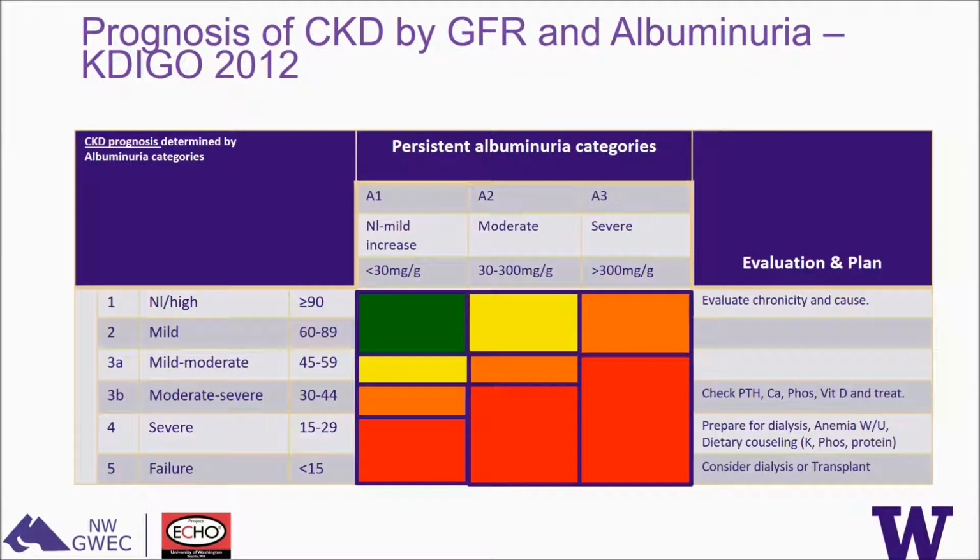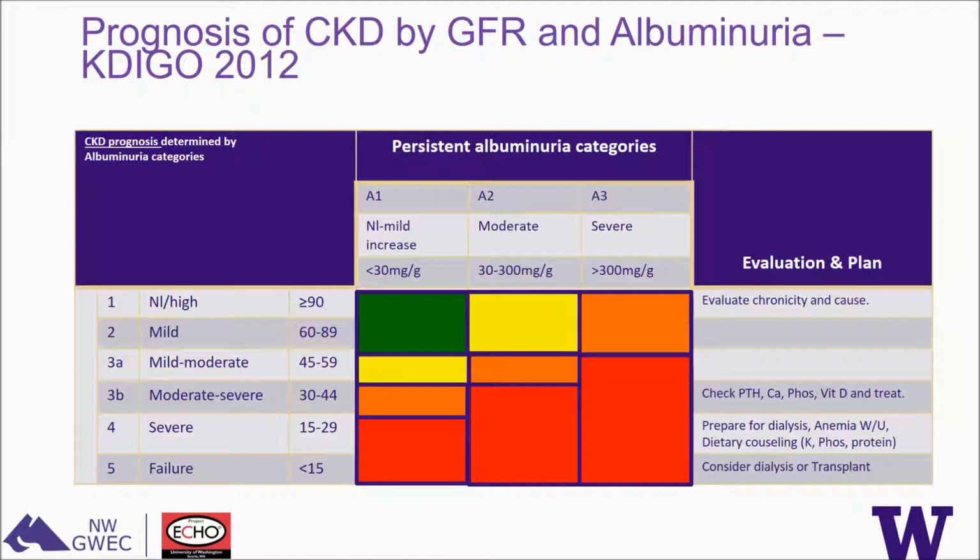And when it comes to prognosis, the Kidney Disease Improving Global Outcomes expert panel, KDIGO, released a graph to identify prognosis in kidney disease, whereby they categorized individuals in terms of persistent albuminuria categories and glomerular filtration rate.